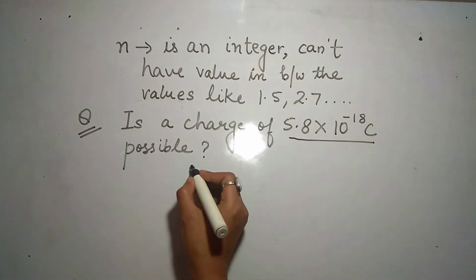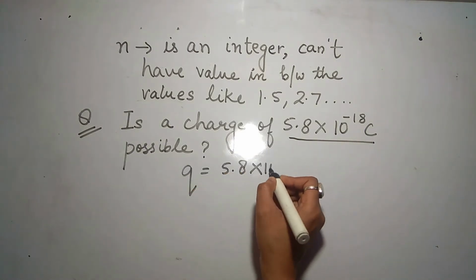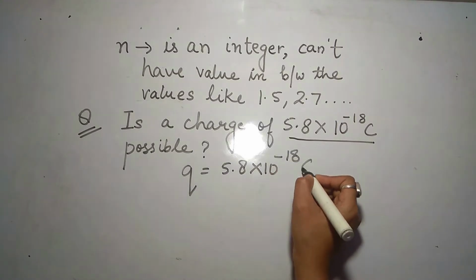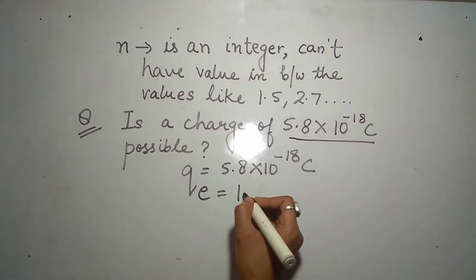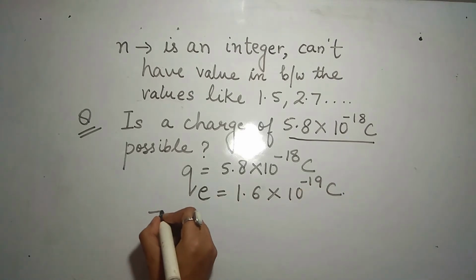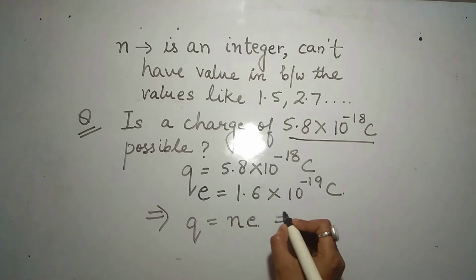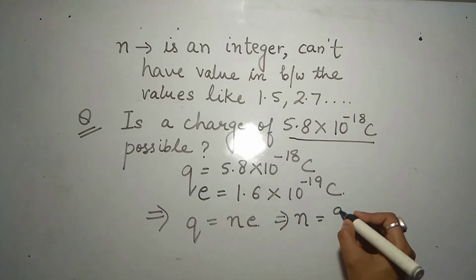So the total charge is given to you. You know the basic value of e. By applying the quantization formula, what is n here? n = Q by e.